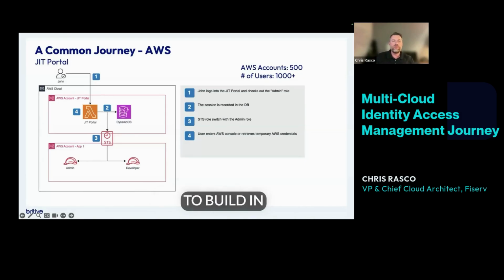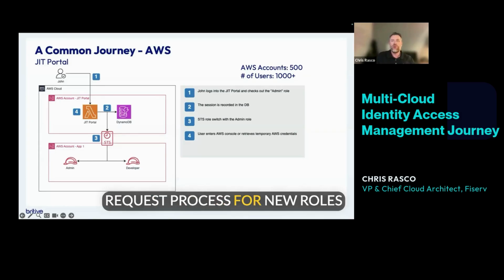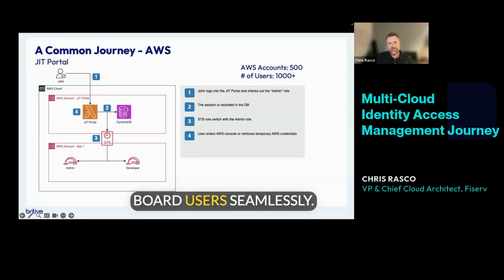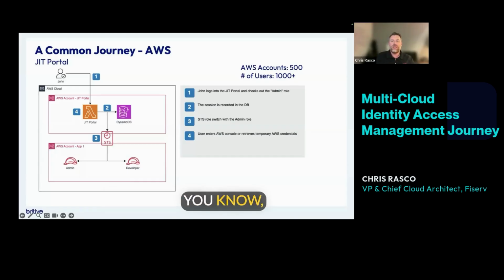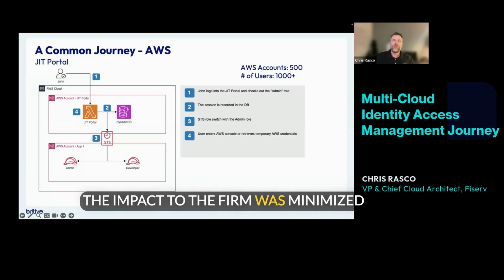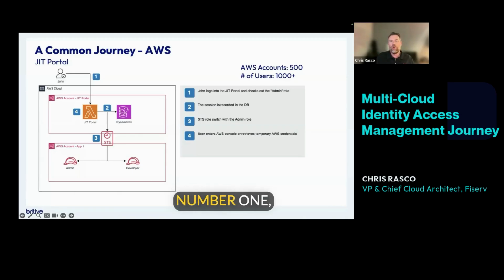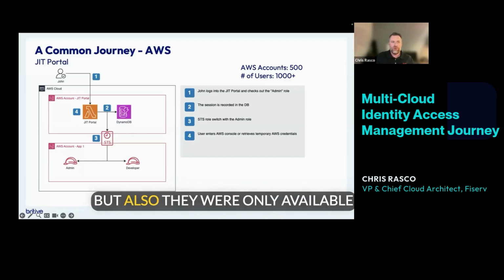It allowed us to build in a request process for new roles and new accounts, and board users seamlessly. But we also knew that when John checked out those credentials, there was an expiration to them. John's console session or his temporary credentials would expire after, we'll call it, 2 hours or 4 hours. If for some reason those credentials got leaked, the impact to the firm was minimized because they were not long-lived, and they were only available when John requested them.